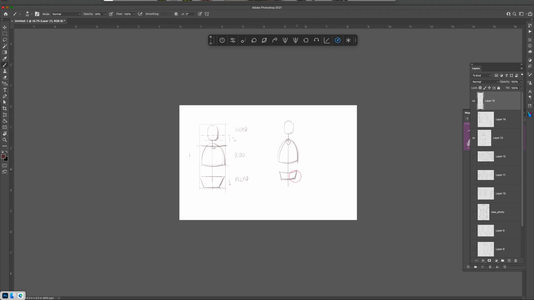And if you look at a female, the pelvis will be wider. So male and female, and those basic proportions hold true.